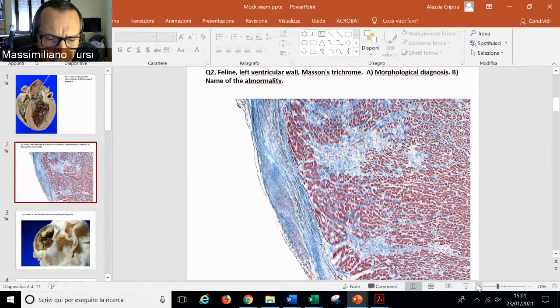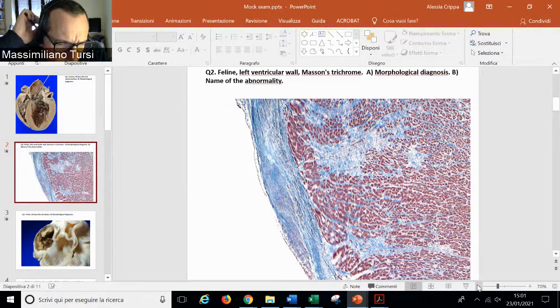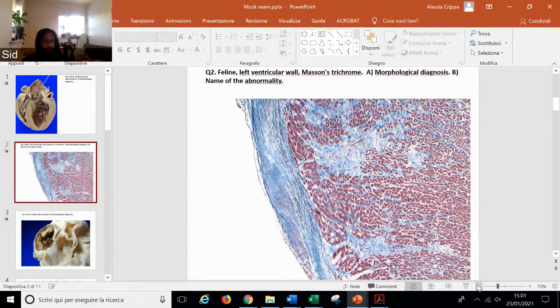For example, in hypertrophic cardiomyopathy, usually the myocardial cells are in longitudinal presentation, also because they have to show the branching. Right. Okay, I understand. Is it clear, Sid? Yes, thank you. That's very helpful. But yeah, I can appreciate the fibrosis, both replacement and interstitial.